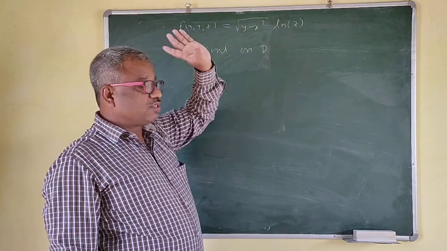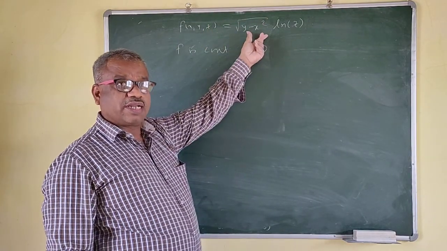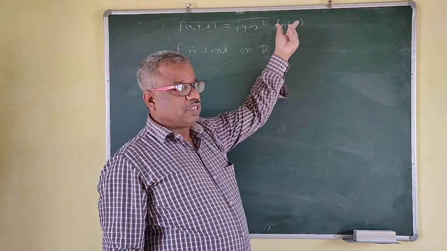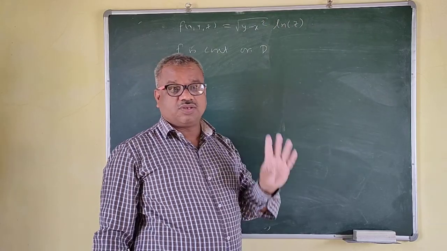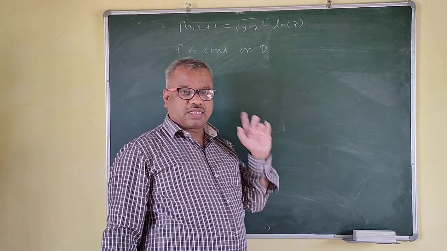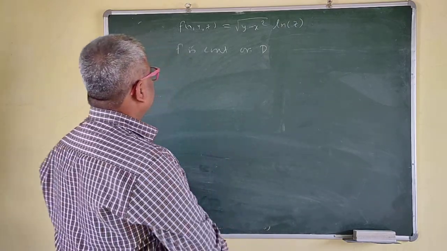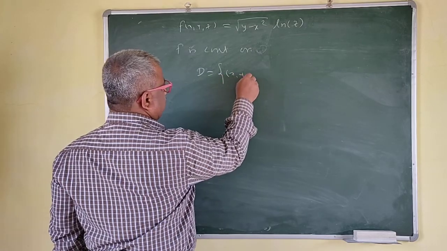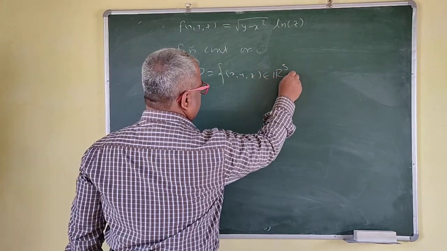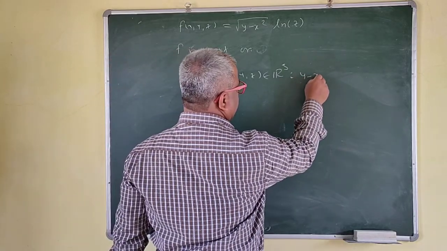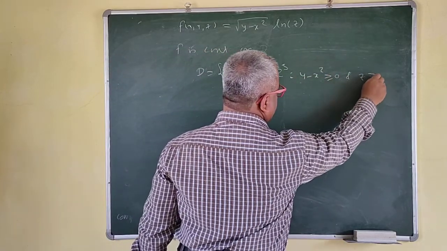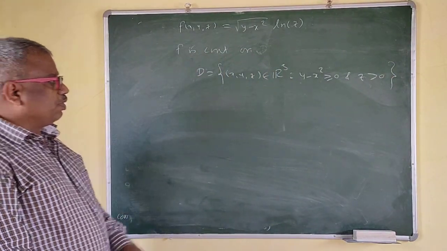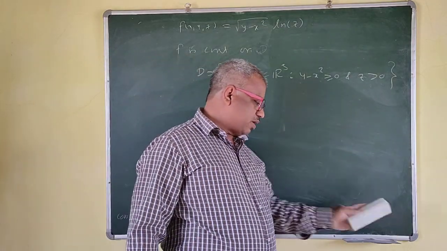That means y − x² is greater than or equal to 0, because root of 0 exists, root of 0 is 0. Now ln z means log z, so z must be greater than 0, not greater than or equal to 0, because log 0 does not exist. So f is continuous on D = {(x, y, z) belong to R³ such that y − x² ≥ 0 and z is strictly greater than 0}. This will be your domain D, right? In this domain, your function is continuous everywhere.